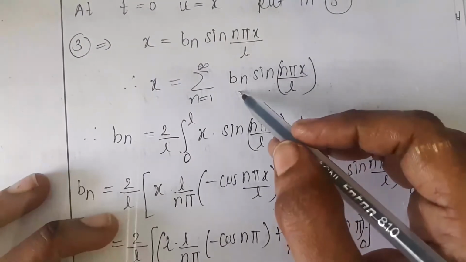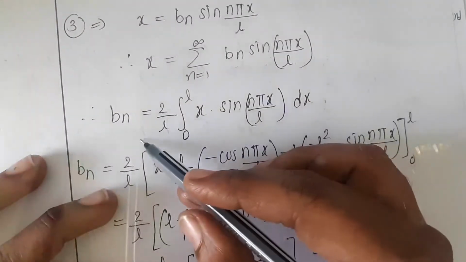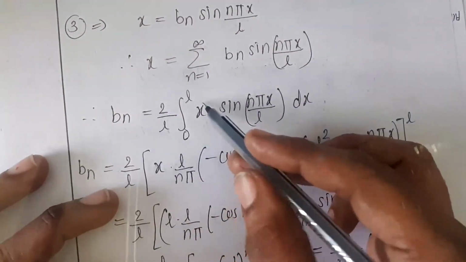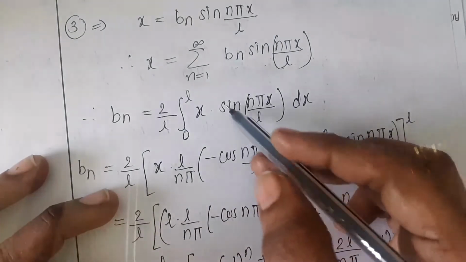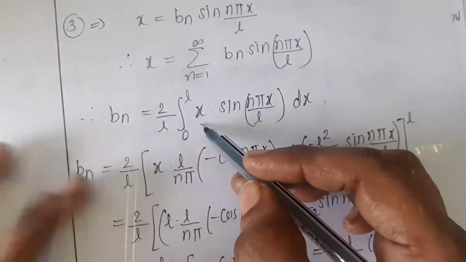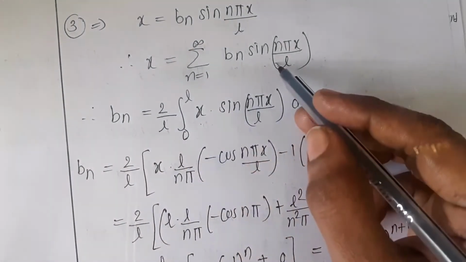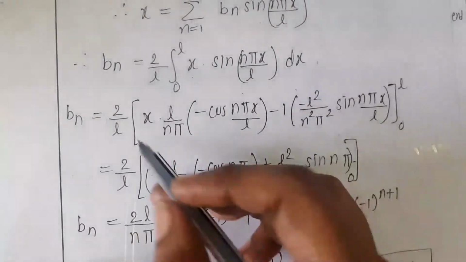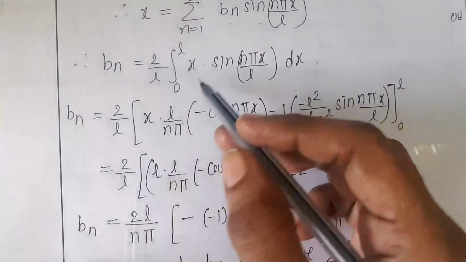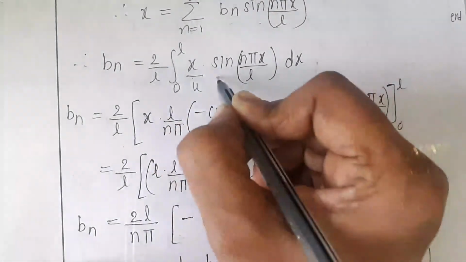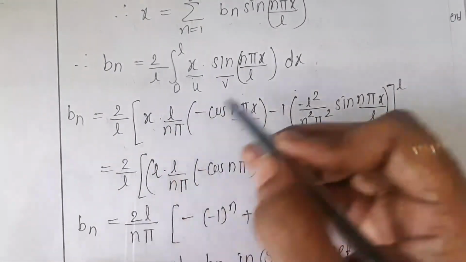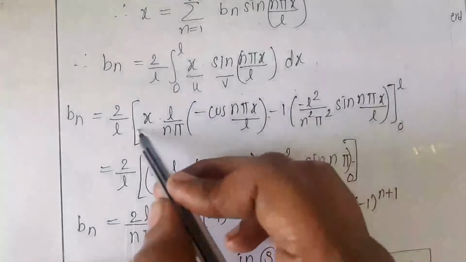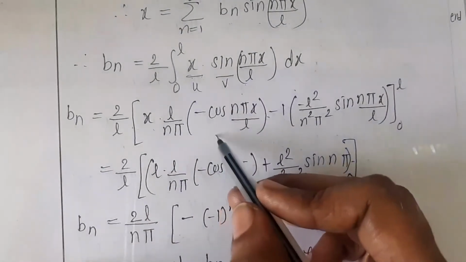So to find bn, we use the sine series formula: bn = (2/L) ∫ from 0 to L of f(x) sin(nπx/L) dx, where f(x) is x. Let us simplify this bn value, it is 2/L. First use the u v rule, taking x as u and sin as v: u times the integral of v, minus the integral of derivative of u times the integral of v.